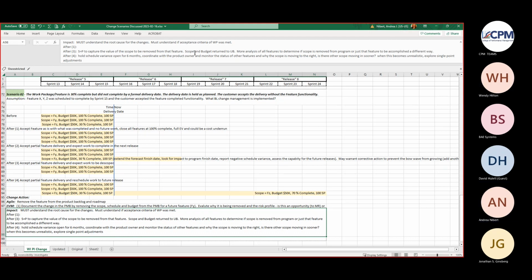Yes. Absolutely. And then the next question is, is the customer taking that money back and reducing the contract value? Or do we then redistribute that scope and budget to a different place to accomplish the scope a different way? Right. So that's when it gets moved to DB, depending on what that decision is. Correct.